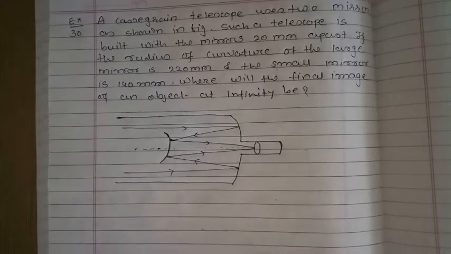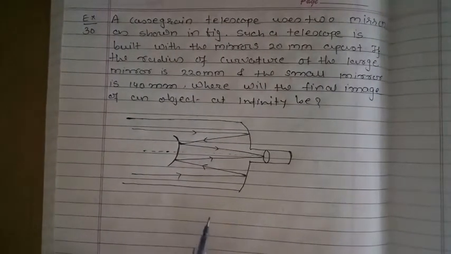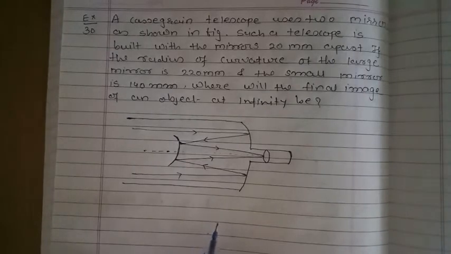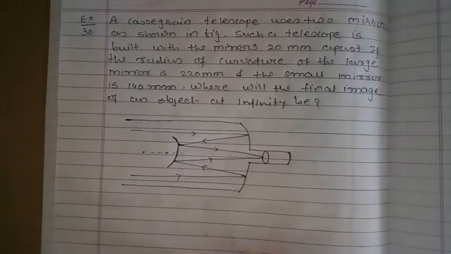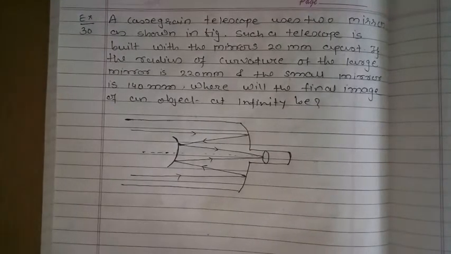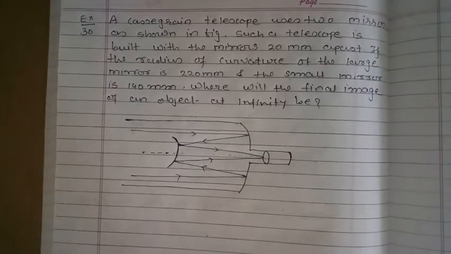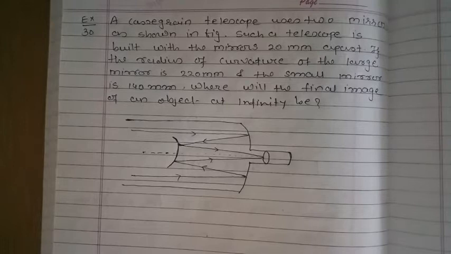So here, a Cassegrain telescope uses two mirrors. We already studied the Cassegrain telescope, right? We know that a Cassegrain telescope consists of two mirrors. The first one is primary and the other is secondary.